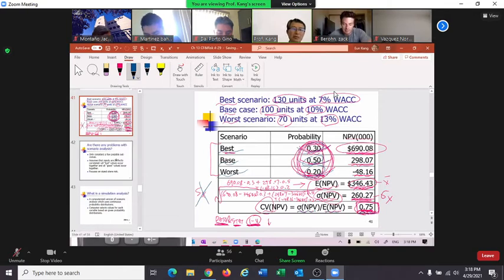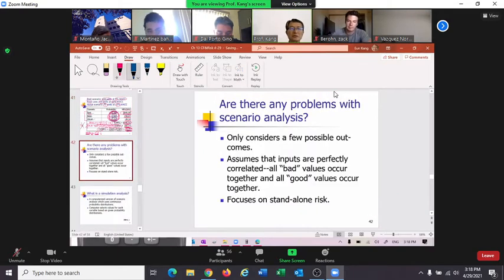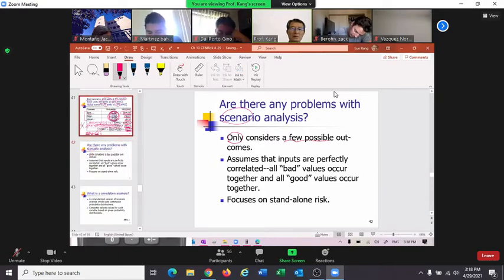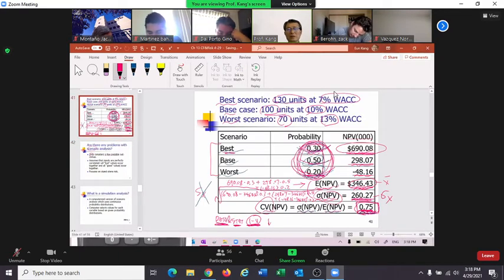Then what's the problem with the scenario analysis? The problem is it only considers a few possible outcomes, right? This is not real life. In real life, it's not just best, base, worst case, right?